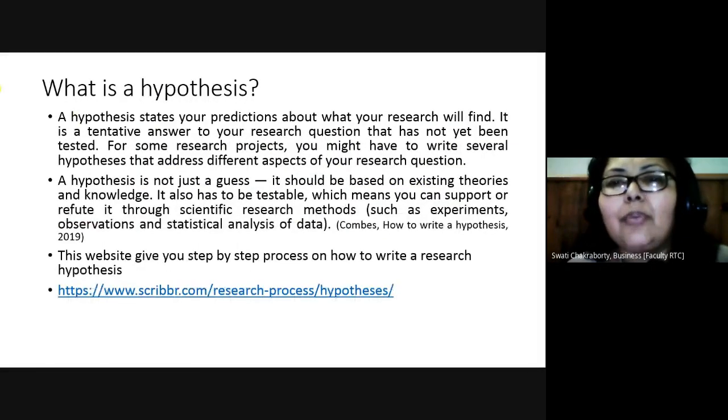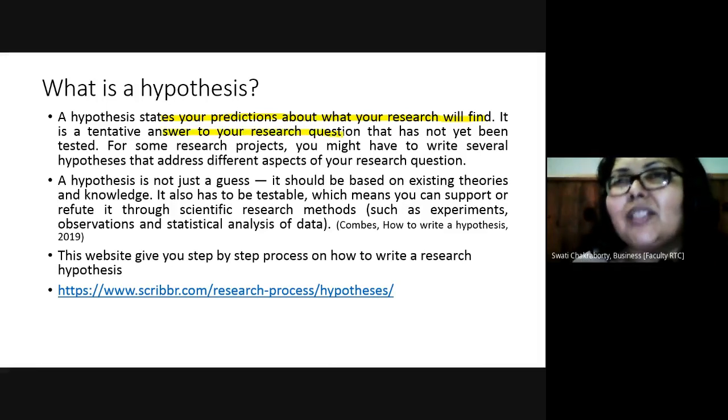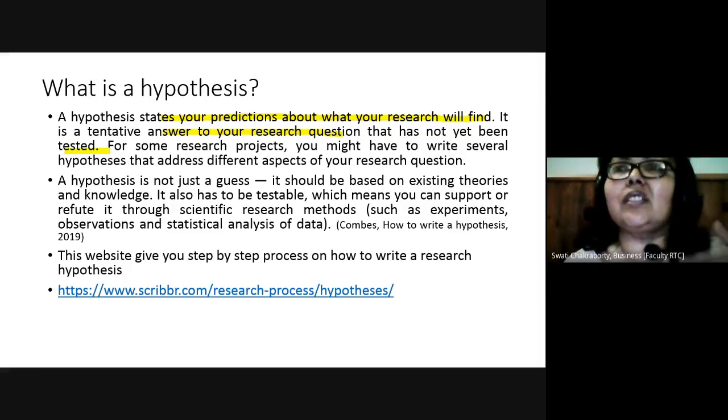It states your predictions about what the findings of your research will be. It's a tentative answer to your research question, which is still not tested. You need to test it using different methodologies.